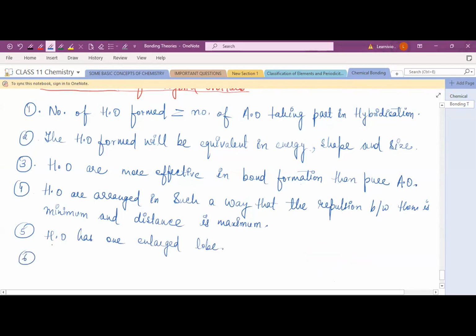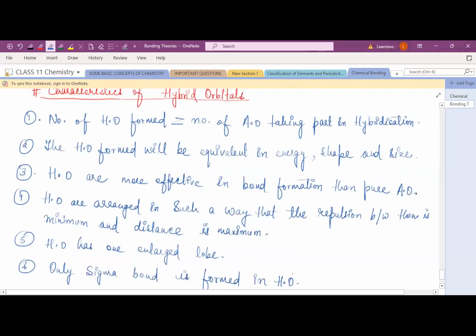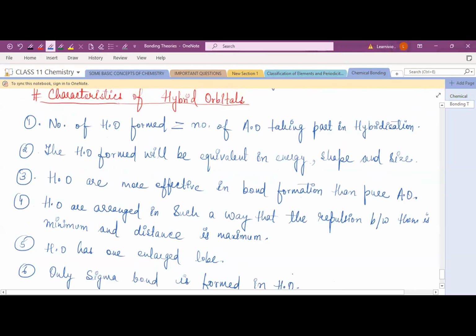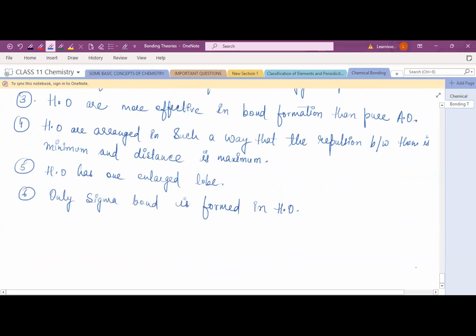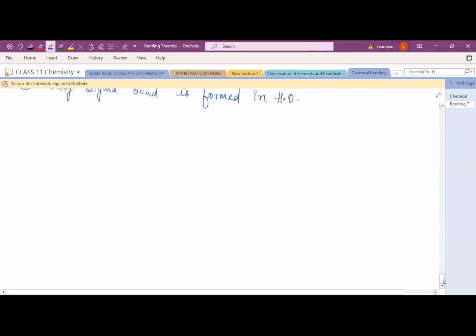Yeah, one more important thing: only sigma bond is formed. Just remember this point. This is very important. Only sigma bond is formed in hybrid orbitals. So these are the characteristics of hybrid orbitals. Now the question is, what are the conditions of hybridization? In which conditions does the hybridization take place?